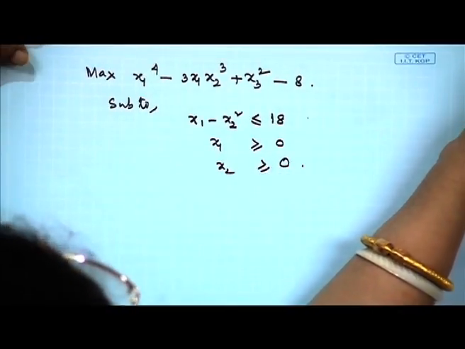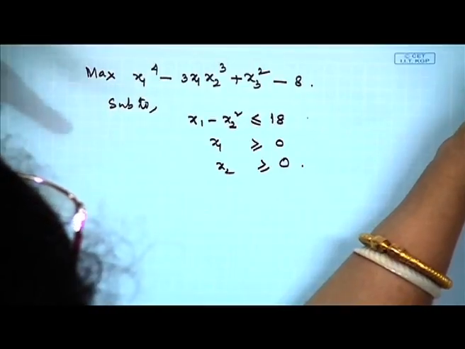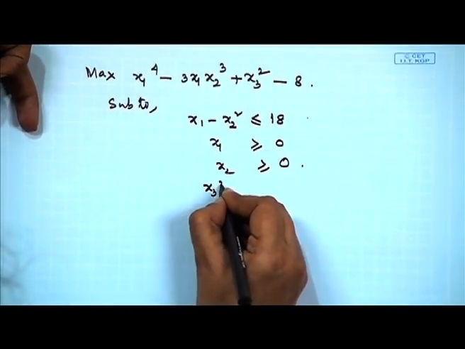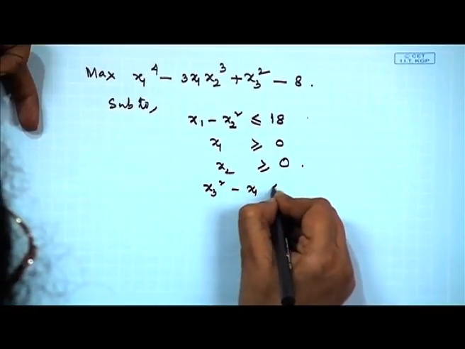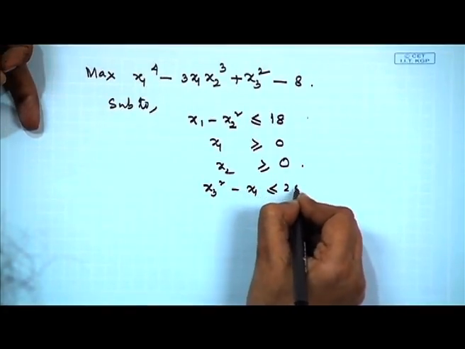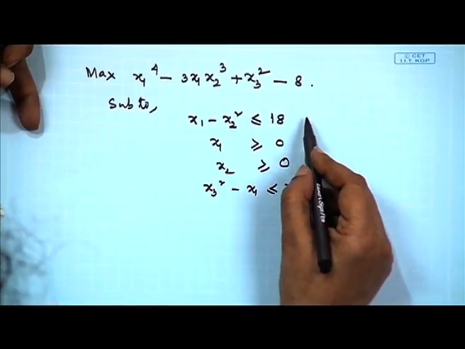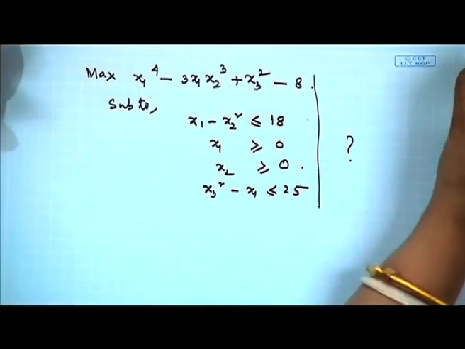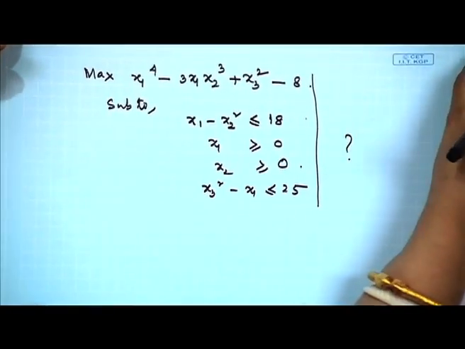And there is another constraint as well, that is x3 square minus x1 less than or equal to 25. Solve this problem and get the optimal solution for this. Thank you for today.